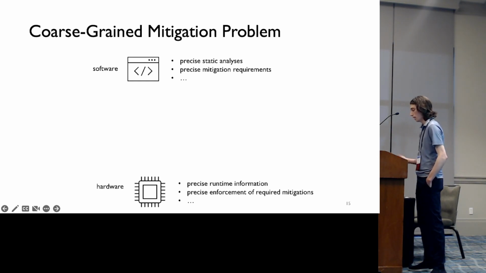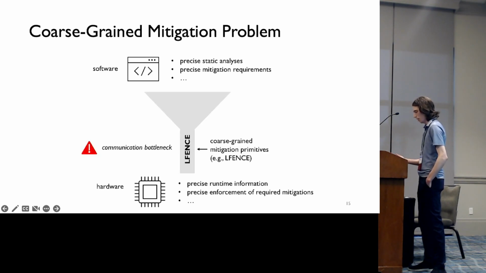Hardware, on the other hand, knows the exact runtime conditions and can selectively enforce those software-selected mitigations. But in between them is the ISA, and the ISA only offers heavyweight coarse-grained mitigation primitives like L fences, which stall the entire pipeline rather than individual instructions. And so in effect, no matter how precise we can make software analyses, almost all of that precision is lost when it's converted into these coarse-grained L fences to communicate with the hardware.